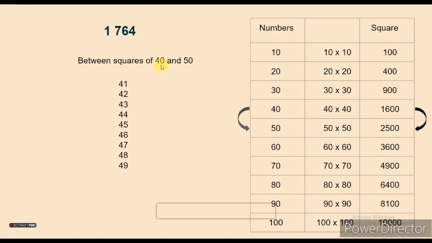So, the possible outcomes between 40 and 50 are 41, 42, 43, 44, 45, 46, 47, 48, 49.